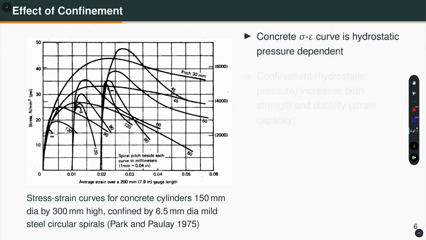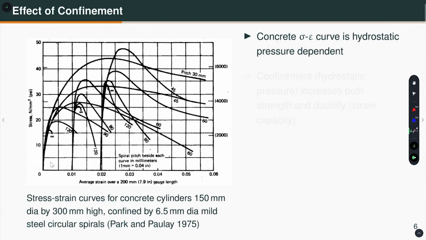Okay. What do you see? Well, for the same grade of concrete, there is a huge change in terms of the strength and the ductility. That means, the ductility is the ability of the material to deform inelastically. Okay. In this case, it is able to inelastically deform and take much larger compressive strain. Okay.